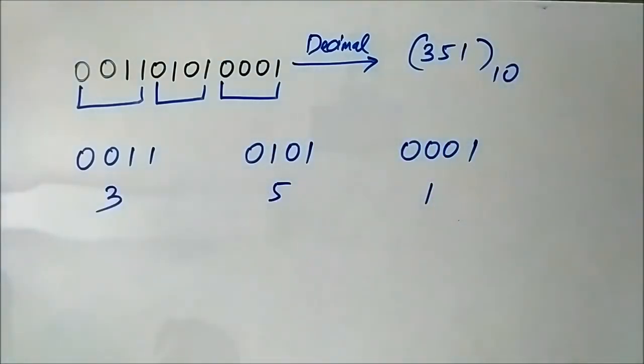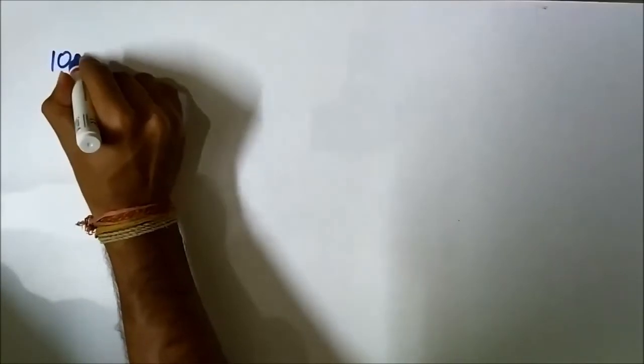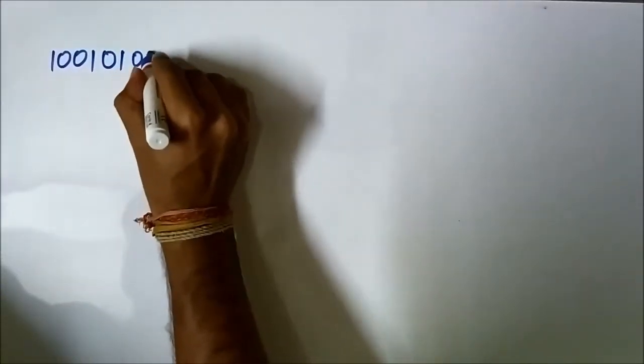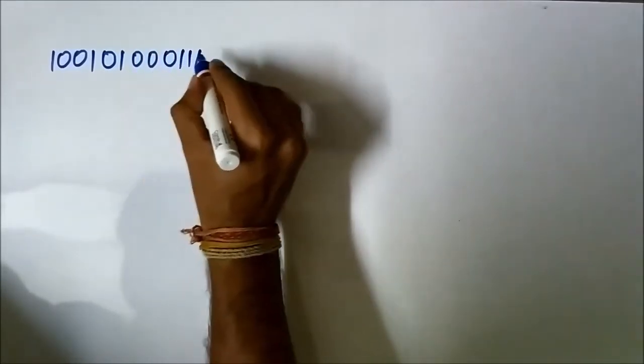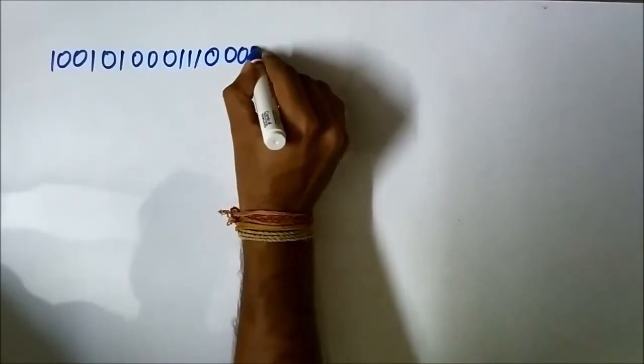It's simple. Let us take another BCD code and convert it into the equivalent decimal form. Let us say we have been given 1 0 0 1 0 1 0 0 0 1 1 1 and 0 0 0 0.